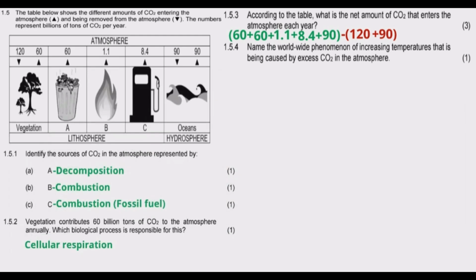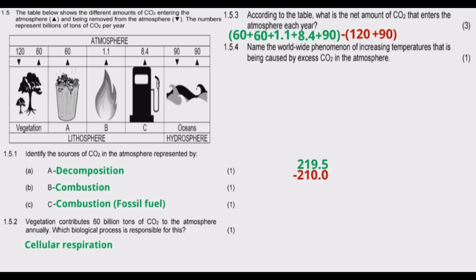Now when you add plus 60, plus 60, plus 1.1, plus 8.4, plus 90, it's going to give us 219.5 billion tons of carbon dioxide. Then when we add 120 plus 90, that will give us 210 billion tons of carbon dioxide.